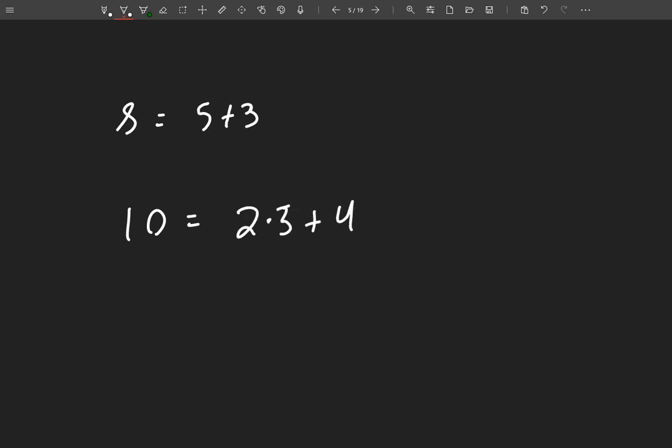While this is true, 2 times 3 is 6, plus 4 is 10. 3 is not a factor of 10. This is not factoring because I've got an addition in there. So when you factor things, you're trying to turn it into a group of things that are only multiplied. So something times something, or maybe three things multiplied by each other. Okay, so that's what we're going to be doing.